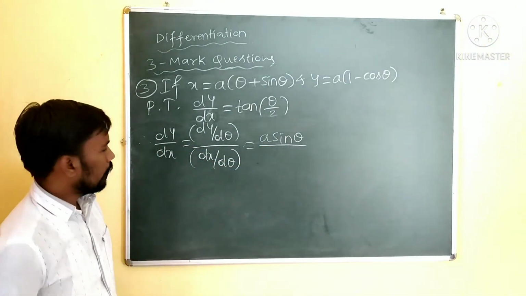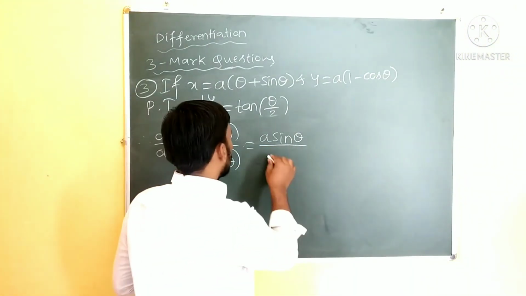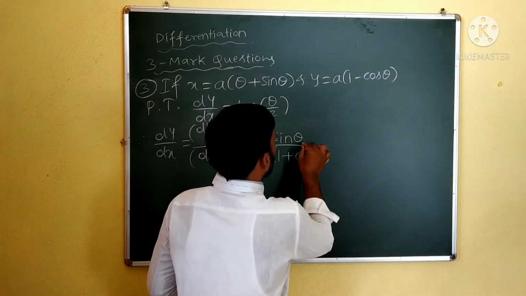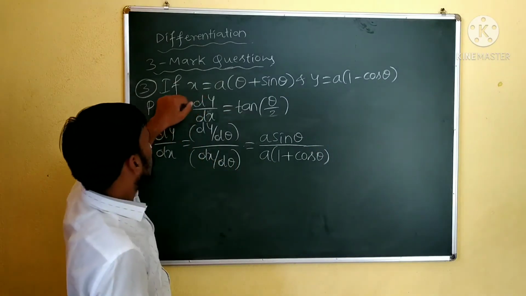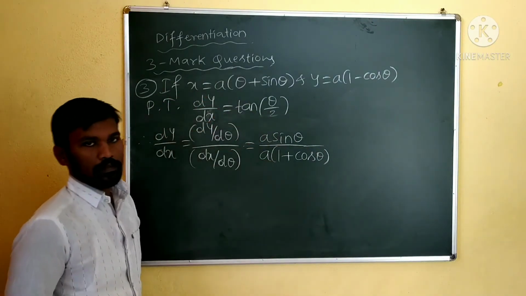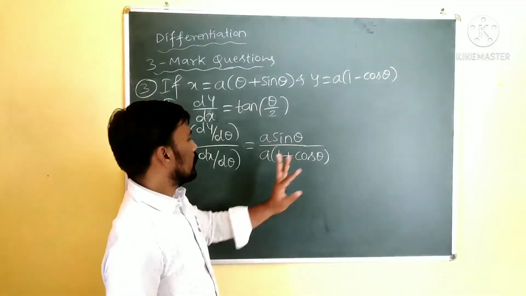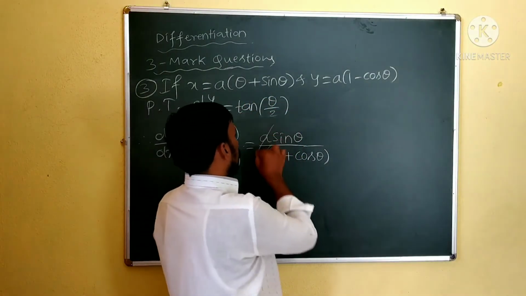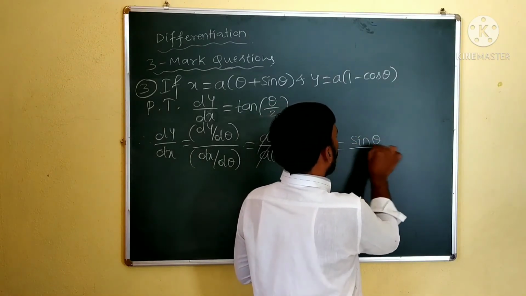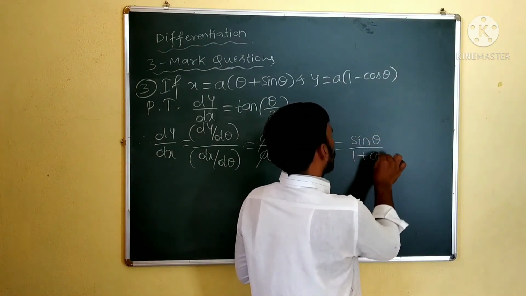And dx by d theta is how much? a into 1 plus cos theta, as the derivative of theta with respect to theta is 1 and derivative of sin theta is cos theta. Anyway, this a will be cancelled. So sin theta divided by 1 plus cos theta.